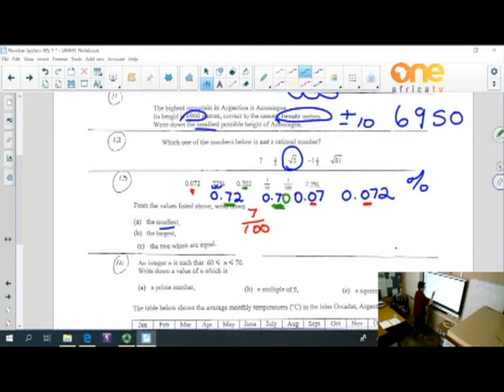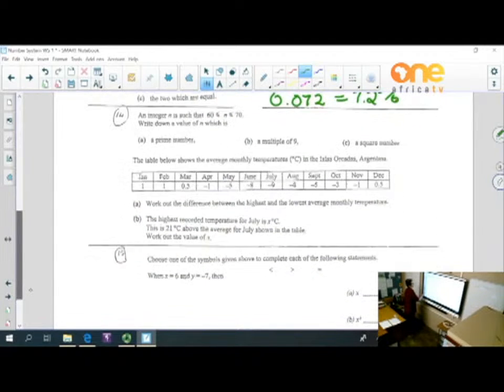And this one is a 2. So this is going to be the largest number, and that is then 72%. And now we've already seen that this one and this one are the same. So 0.072 is equal to 7.2%.